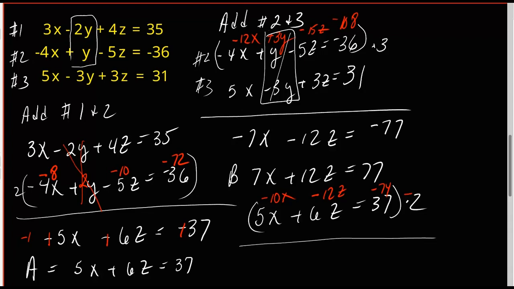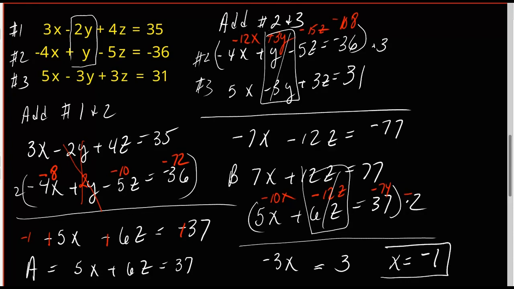Let's add these together. That gives me a minus 3x. These cancel. Minus 3x equals 70. That gives me a 3, I think. Yes, so x there is equal to negative 1. So that's one of my answers.